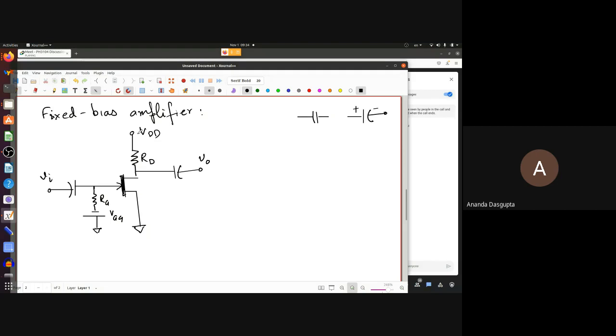So remember, VDD is positive in this case, so you are blocking it, and on this side you will have a load which is connected to the ground. If you are using an electrolytic capacitor, or any capacitor for which polarity matters, the plus end goes towards VDD. So this goes here. Similarly, this side is positive as far as DC is concerned.